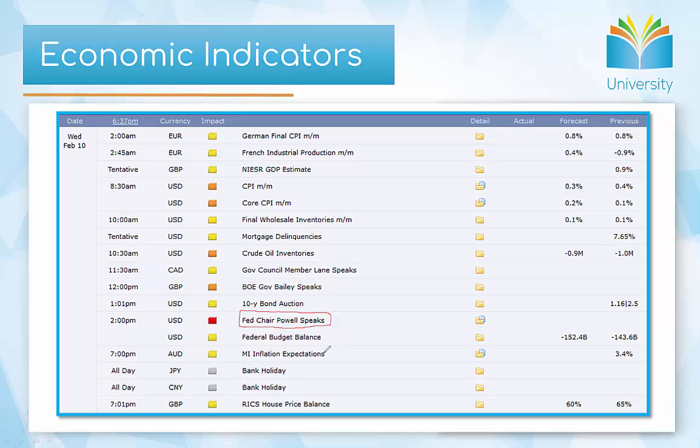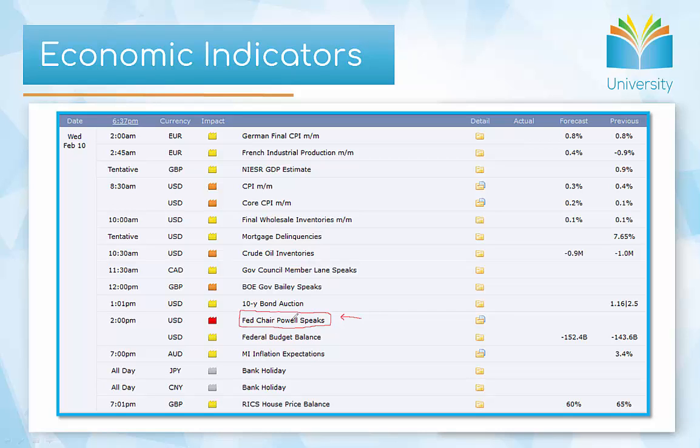The president of the United States really has a lot less impact on global markets than do the central banks. And the central bank is the one that sets interest rate policy and initiates different programs, bond buying programs and such. So this is the chairman of the Federal Reserve, Jerome Powell.